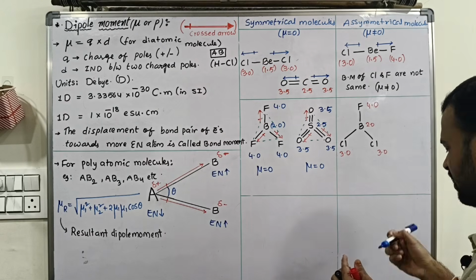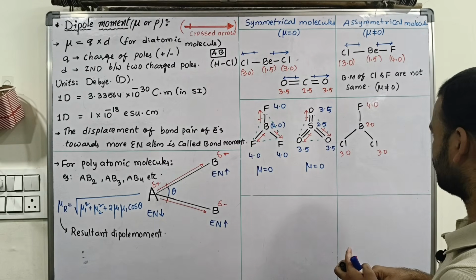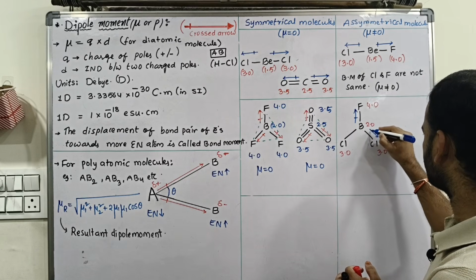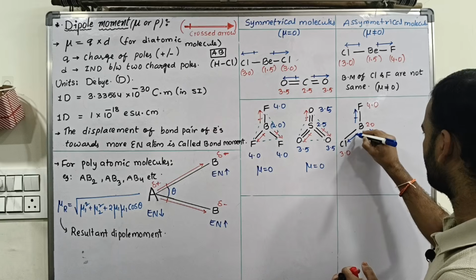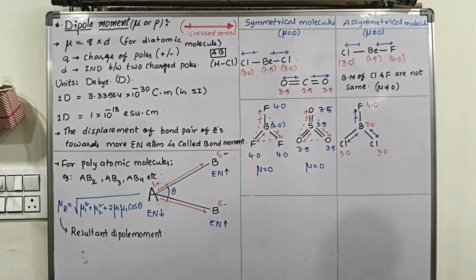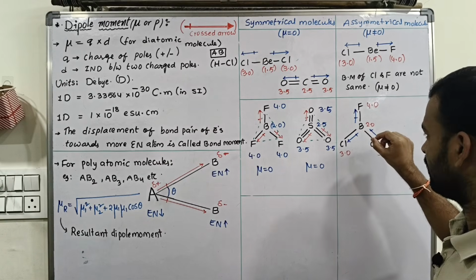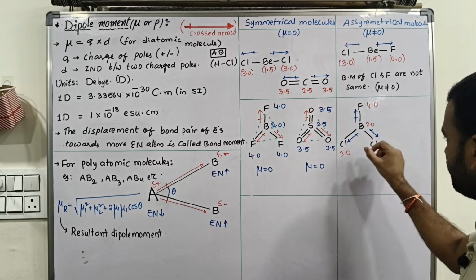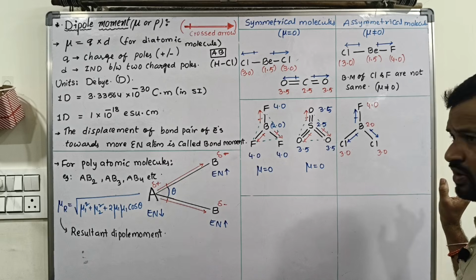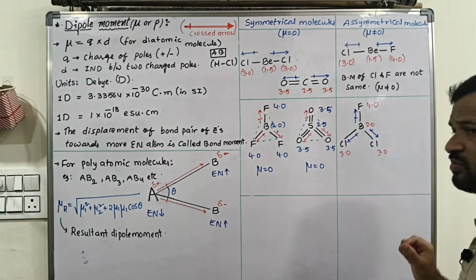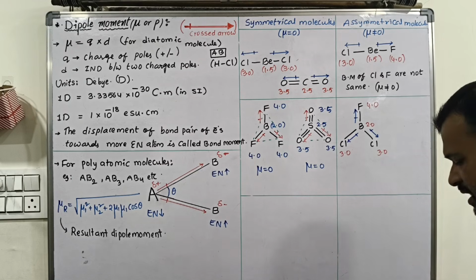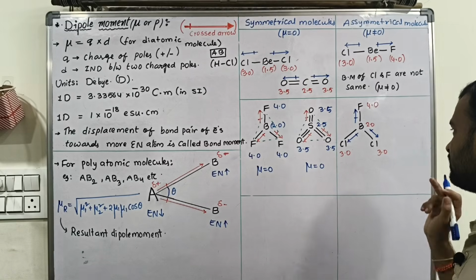So the bond moment is towards fluorine, and here towards chlorine. So the bond moment is directed away from the boron. But the bond moment of fluorine is not equal to the bond moment of chlorine, so there is no equal amount of bond moment. That's why the net dipole moment is not equal to 0.